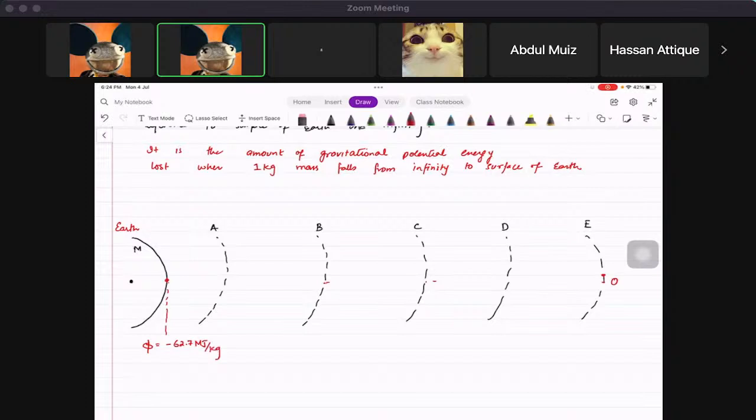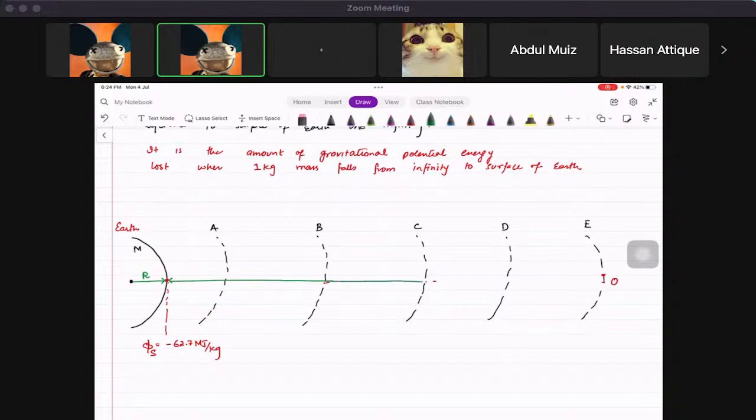Now, I'll write S here just to differentiate it. Now, we must understand that this distance from here till here is the radius of Earth, right? And from this point to D, so let's go towards D. Oh, I made a mistake here.